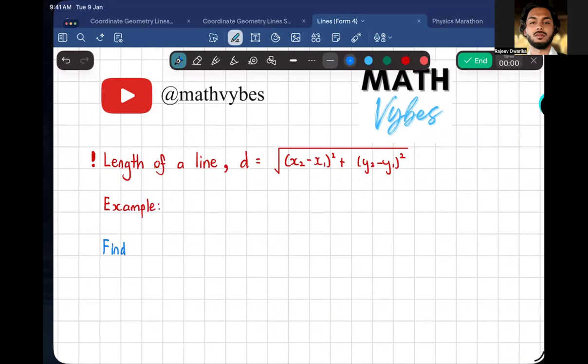Find the length of the line segment AB, given that A... could somebody tell me the coordinates for the last question?